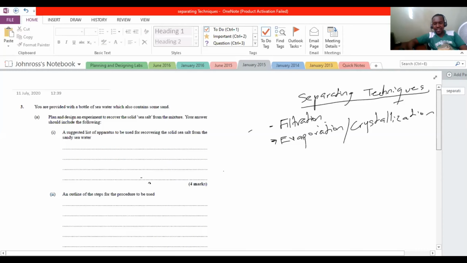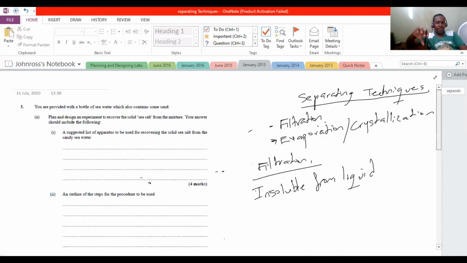So for filtration, it separates an insoluble from a liquid. So you have to have something that's insoluble. And the next part is that the mixture has to be a liquid. Right? So if it's not a liquid, then we can't filter it. All right. So we know that about filtration.